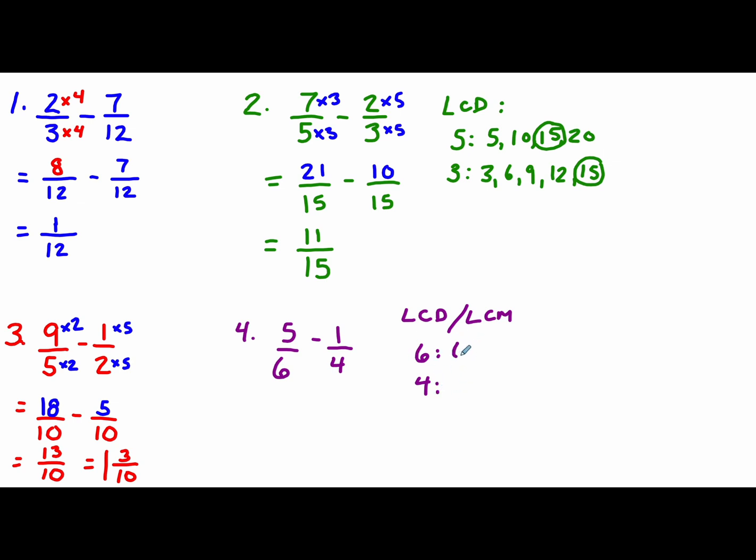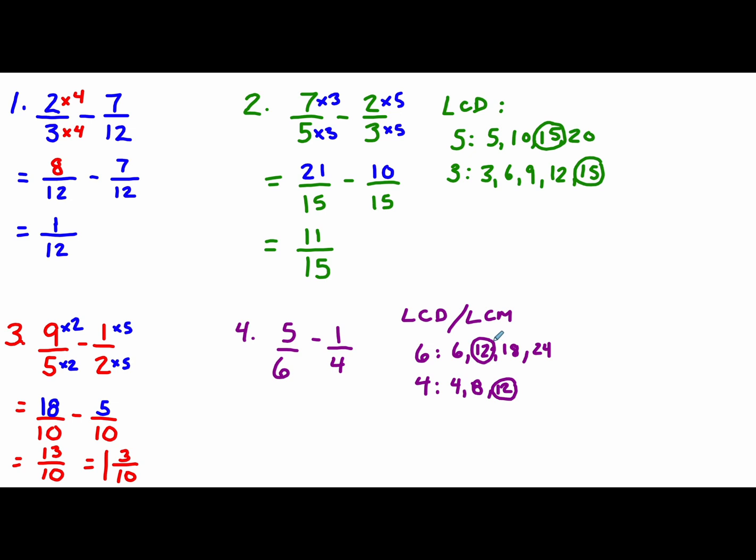So we can count 6, 12, 18, and 24. We know that 6 multiplied by 4 is 24. And we can count by 4s, 4, 8, 12, and I can stop there because I see that I have 12 here and 12 here.